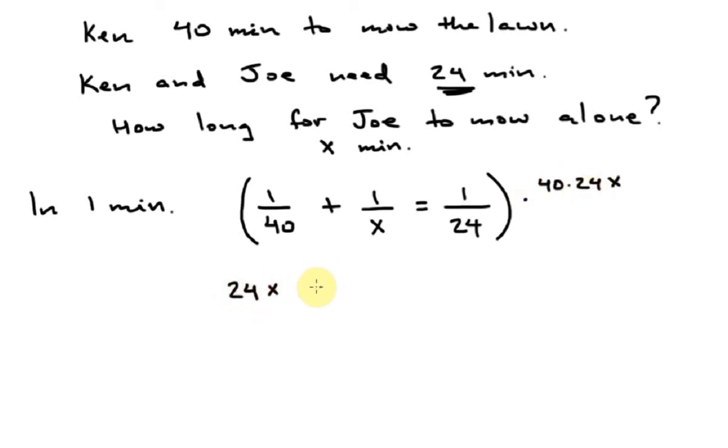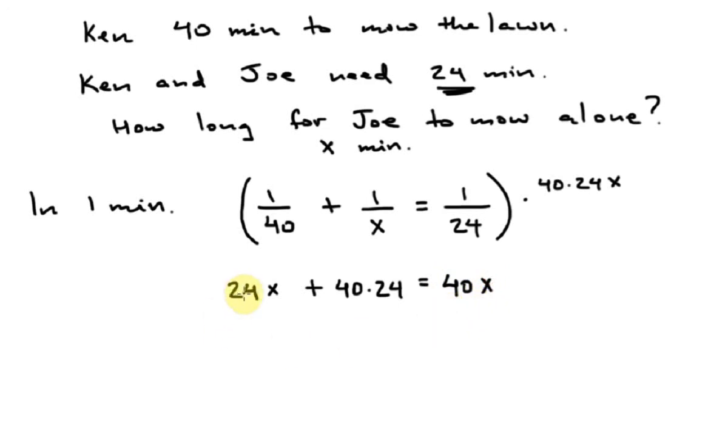Okay, so there's that, plus. And then the second term here, the x's cancel, and I'm left with 40 times 24, which I'll do at the next step. And then on the right, the 24's cancel, and I'm left with 40 and x.